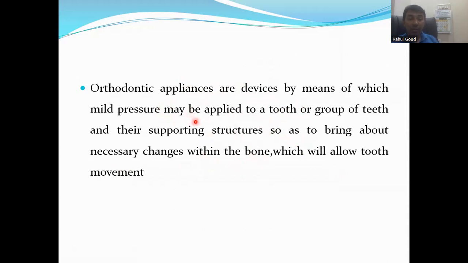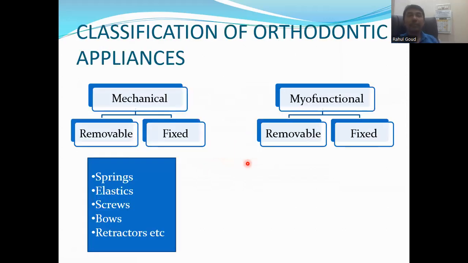Because of the application of this pressure onto the tooth and the supporting structures, certain changes are produced within the bone. These changes will allow the tooth movement. So this is the definition of the orthodontic appliance.